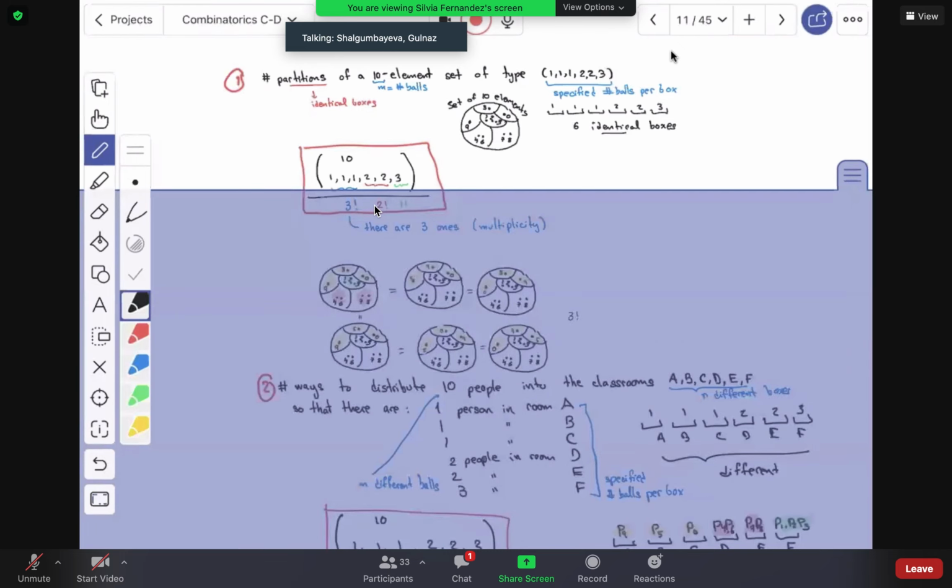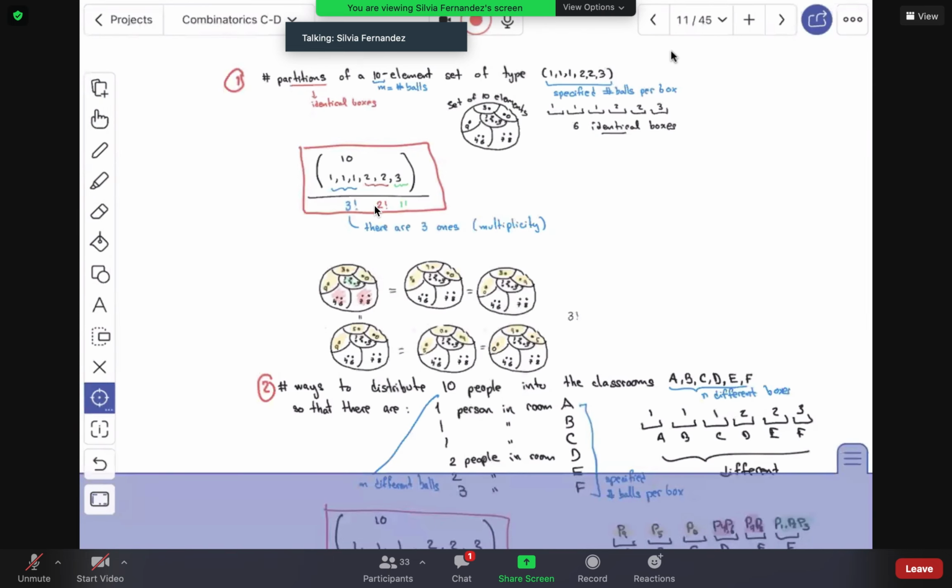So I don't really have to say it, but that's a good comment. In this case that I'm specifying exactly how many in each, I could specify that there is an empty room, for example. So I'm actually allowing empty boxes, but I'm saying exactly how many in each. So yeah.